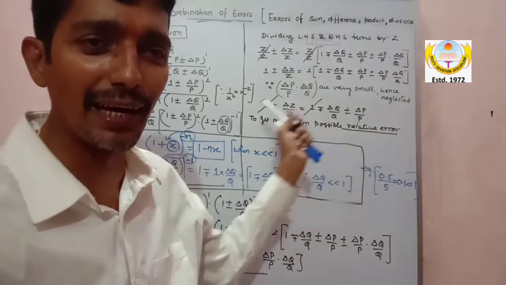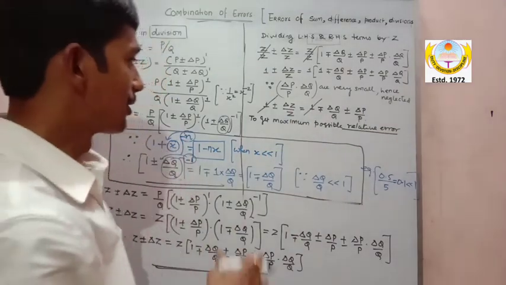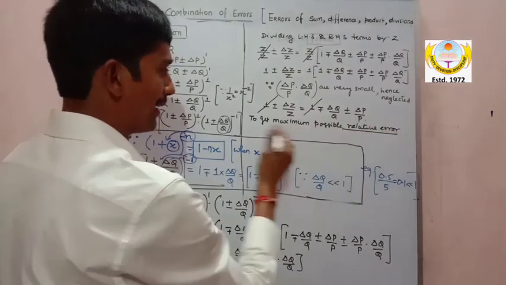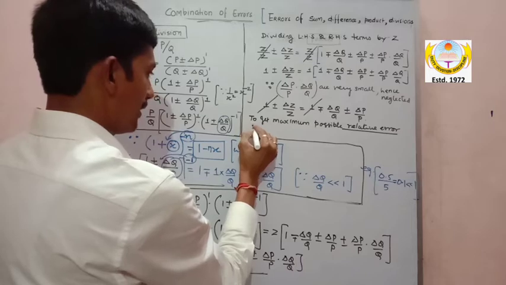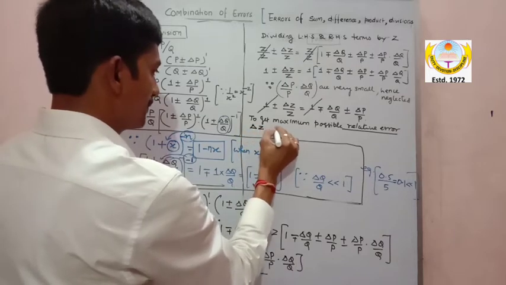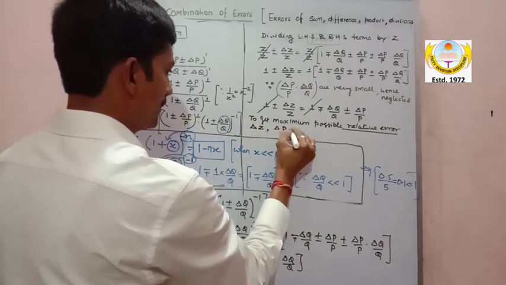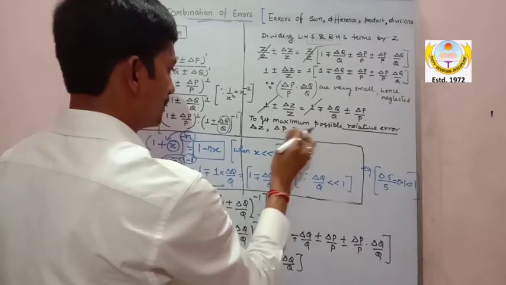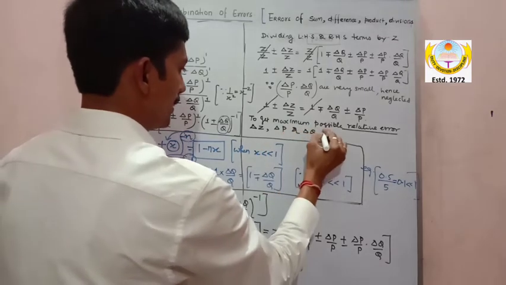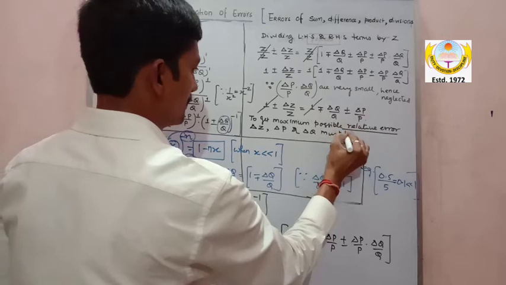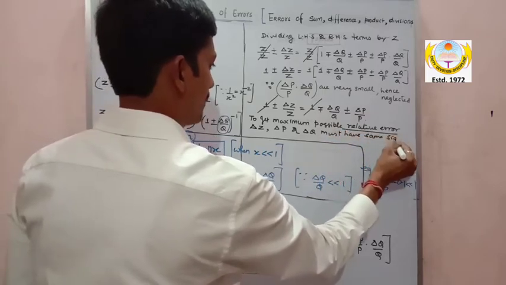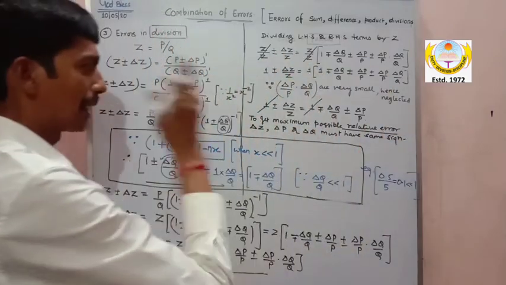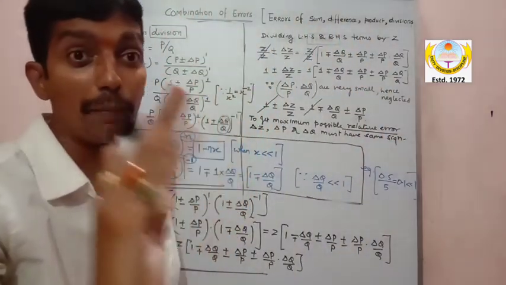Everything is in relative error. So to get the maximum possible relative error, delta Z, delta P and delta Q must have the same sign. Same concept: all signs must be the same, then only the error will be maximum.